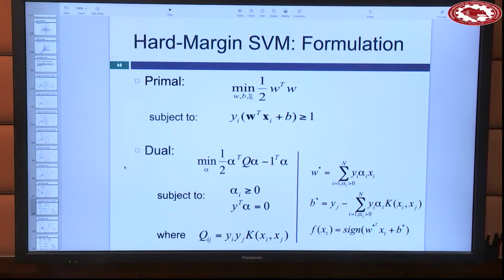For every sample which belongs to the positive class, it is okay. Let yi be negative. What will happen? Minus (w transpose xi plus b) is greater than or equal to 1. You multiply by minus on both sides, the inequality gets changed, and you get w transpose xi plus b less than or equal to minus 1.